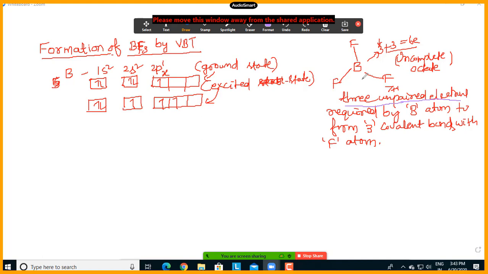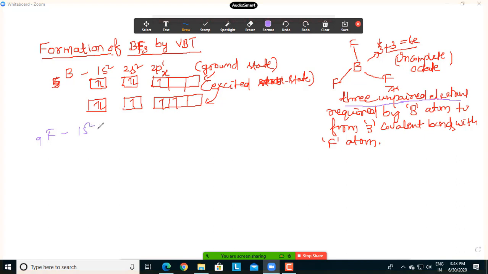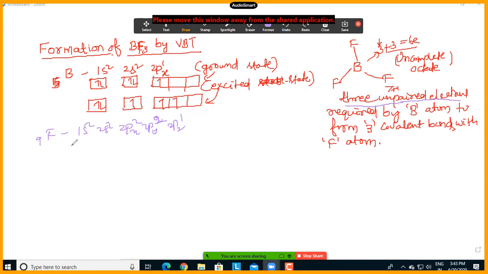In fluorine atom, we can get like this. Suppose fluorine, your fluorine is 9. So what can you write? 1s2, 2s2, 2px2, 2py2 and 2pz1. Okay.